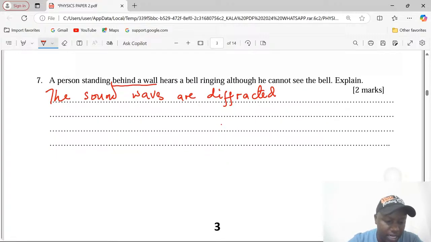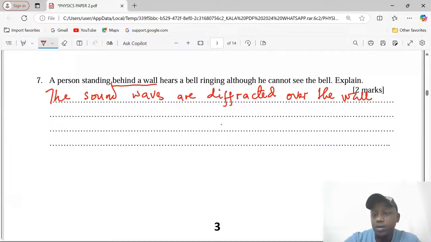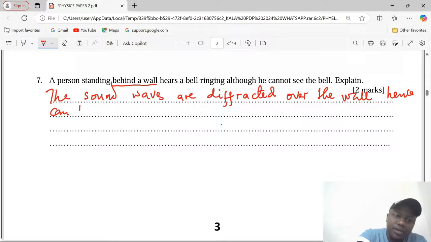So we are saying that sound waves are diffracted over the wall, hence can be detected behind the wall.